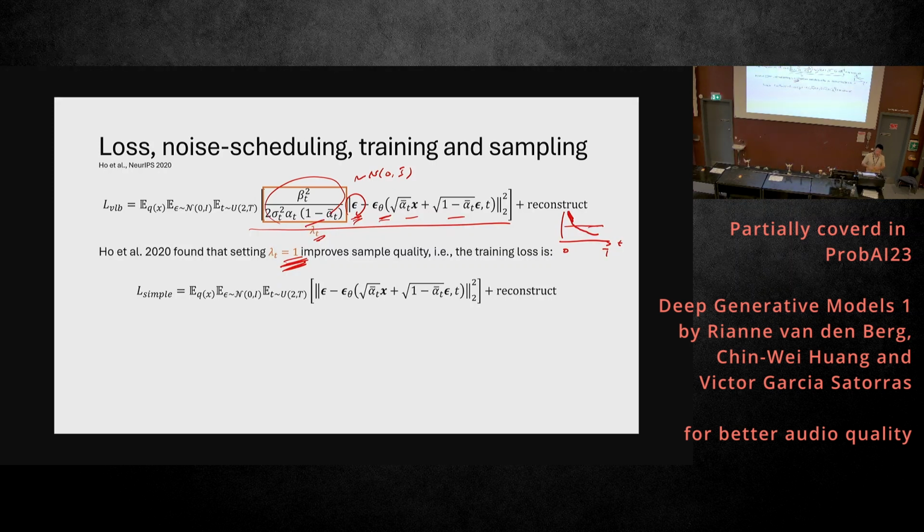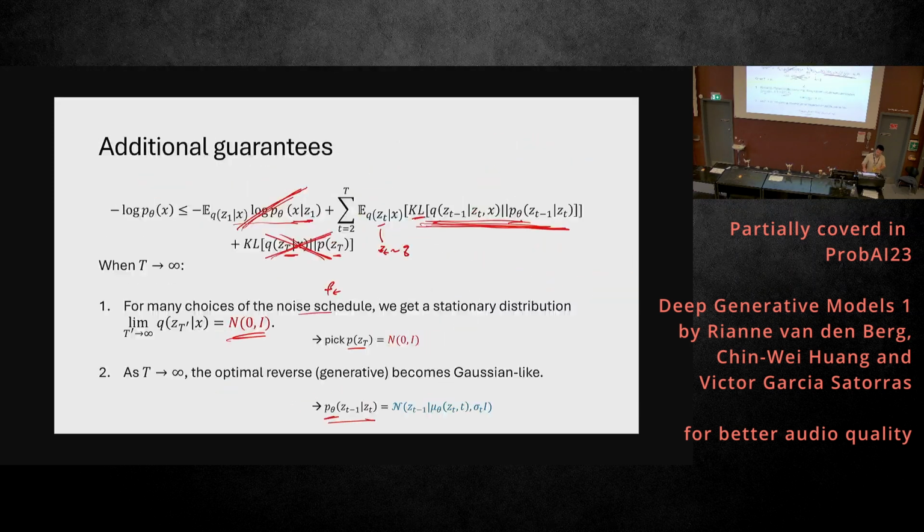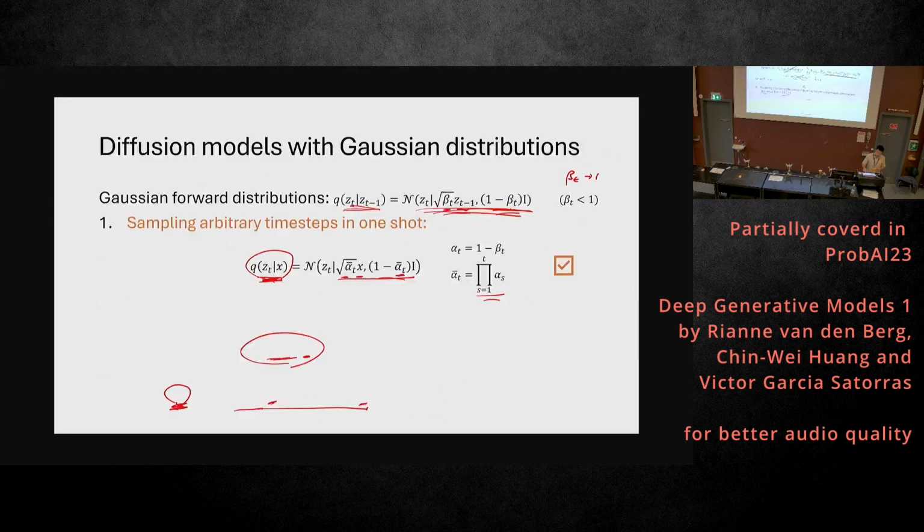So beta is usually smaller than 1 in this choice. At every single time step, you get slightly closer to standard normal, but not in one step.